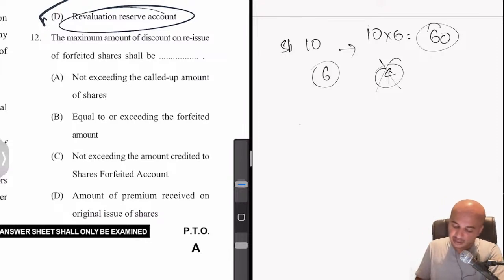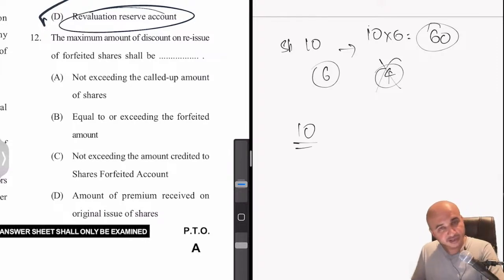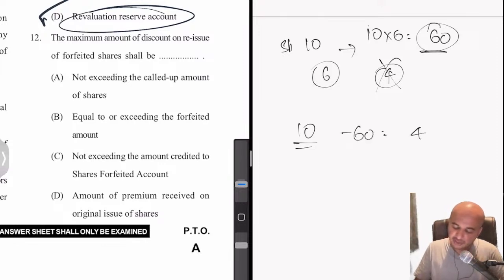Meaning, now when I reissue these 10 shares, I can reissue at a discounted price. It won't be violating section 53 obviously, because we have collected some money. How much money have we already collected? We have collected 60 rupees on account of those 10 shares. That means even if I collect the remaining 40 rupees, even then it will be fine.